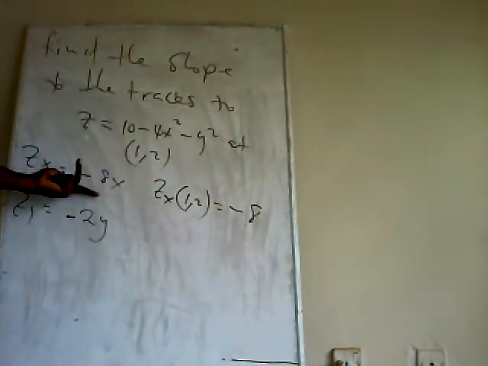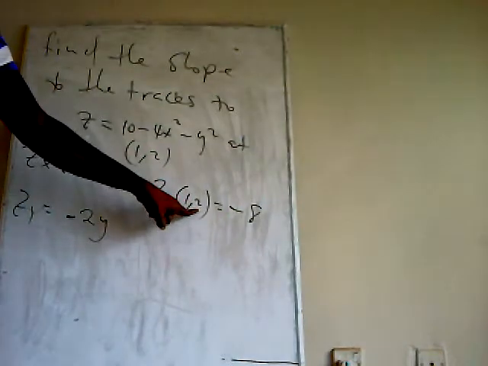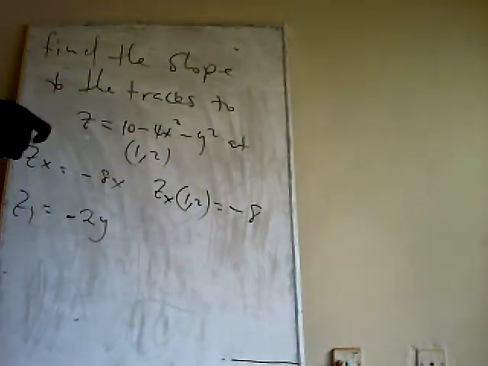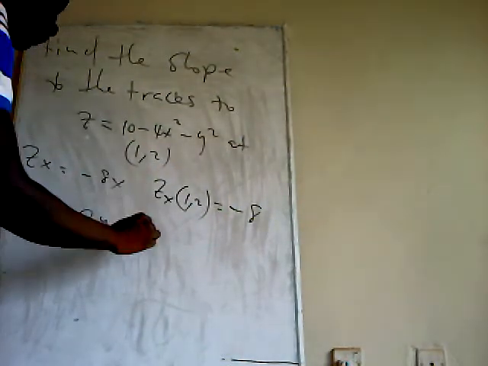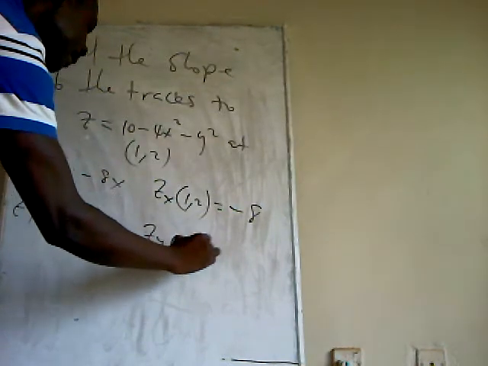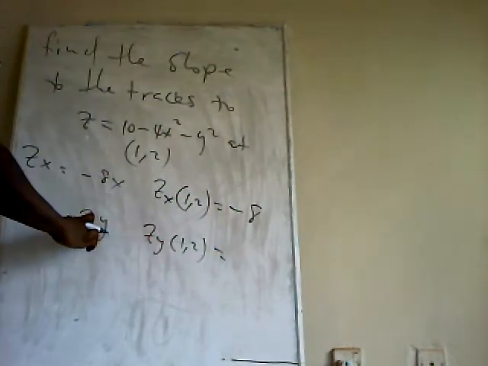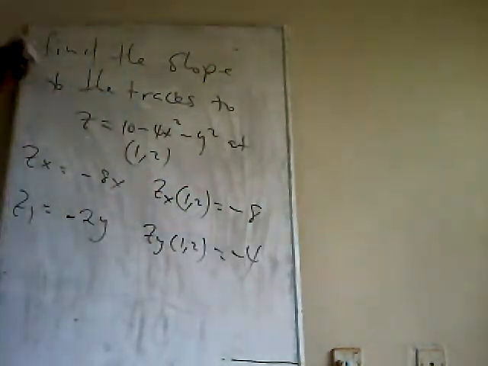Now this is the slope to the trace caused by y is equal to 2. And the slope to the trace caused by x is equal to 1 is going to be that. Here, in place of y, I put 2, giving minus 4.